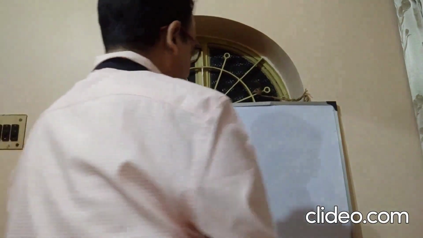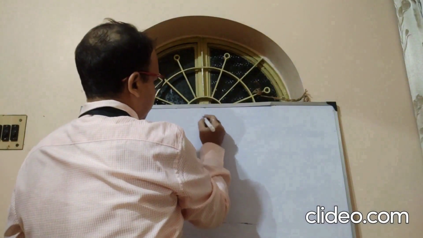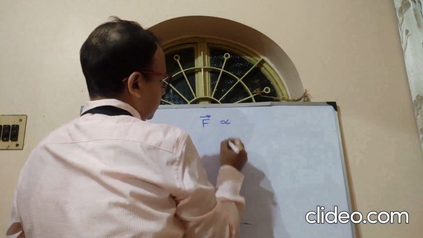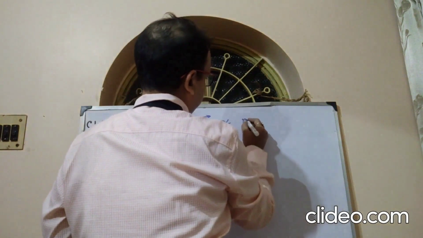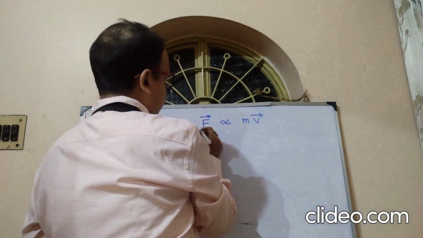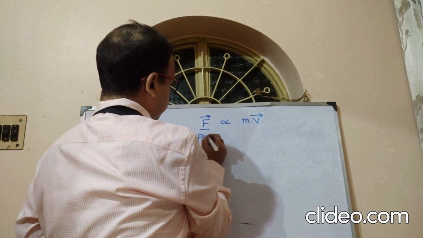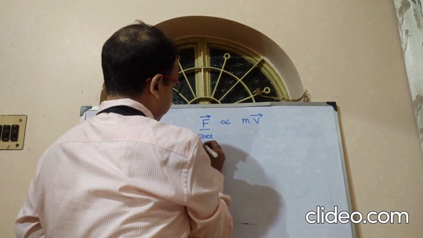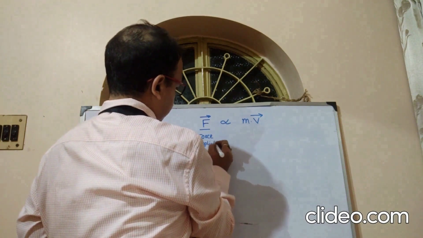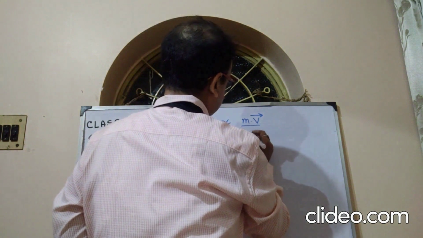So F vector is proportional to m into v vector, where F is the force applied and m into v vector is the momentum.